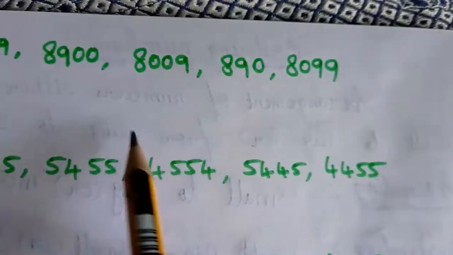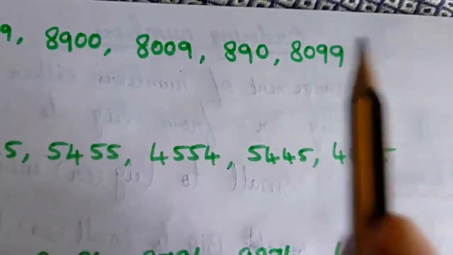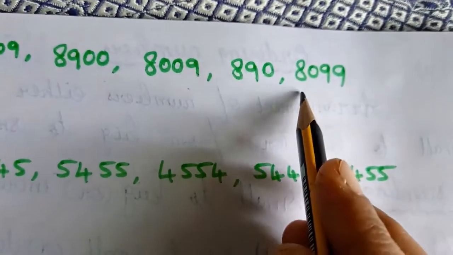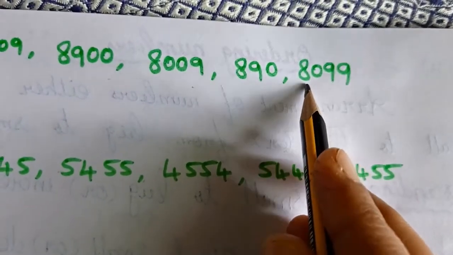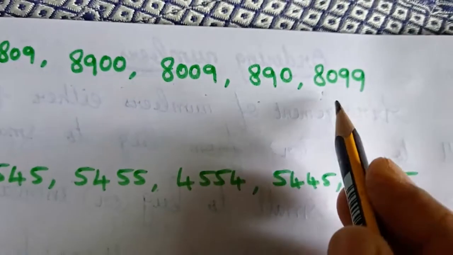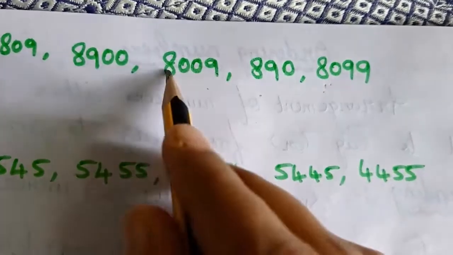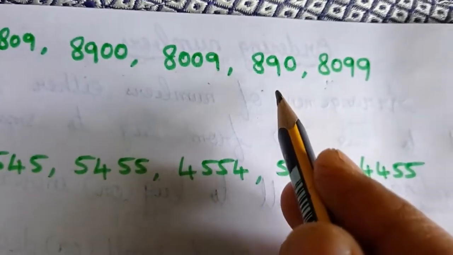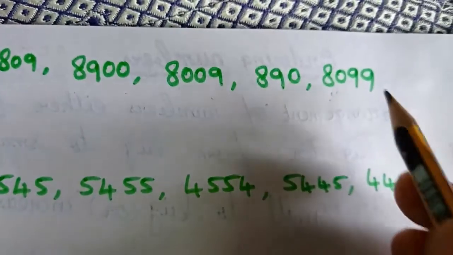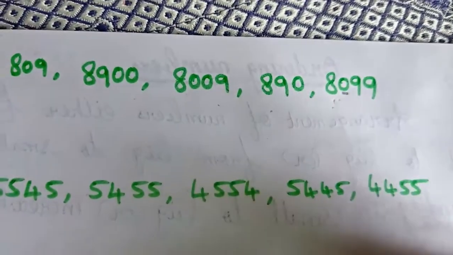But children, here there are three 4 digit numbers. So you want to find the place values, that means the 1000 place values for these three numbers. Here the 1000 place value for these three numbers is the same, that is 8. So what do you want to do next? Yeah, check their 100 place values.